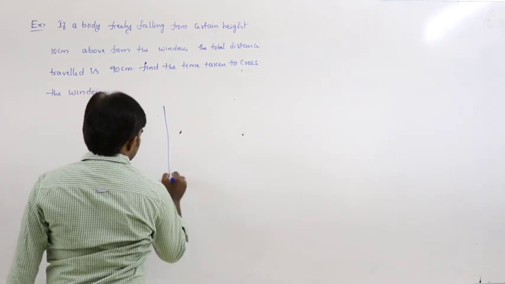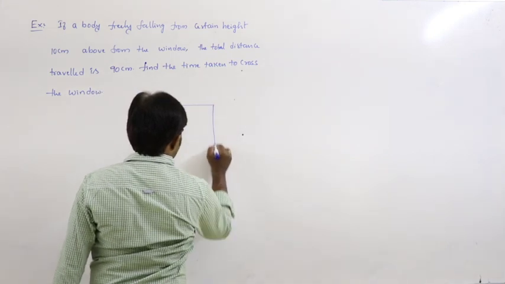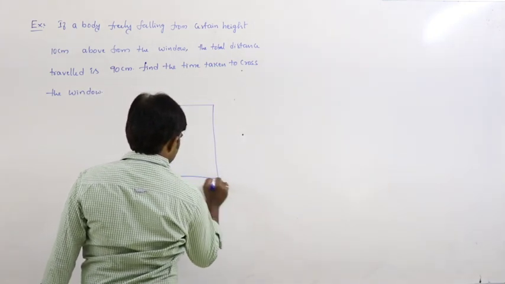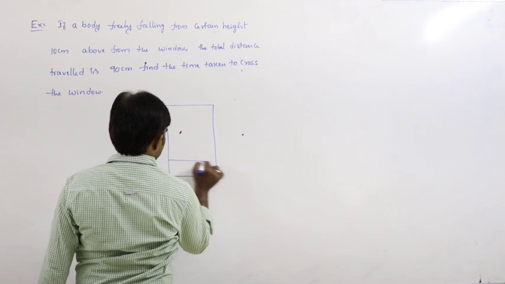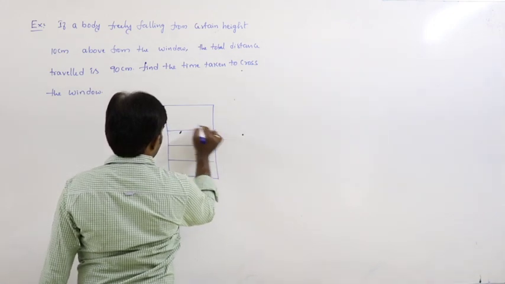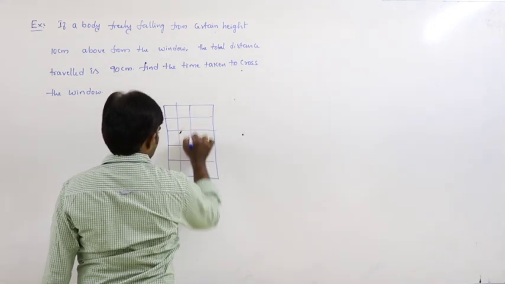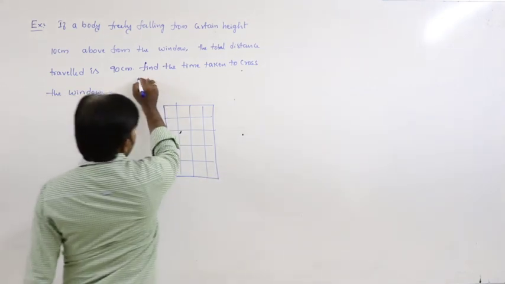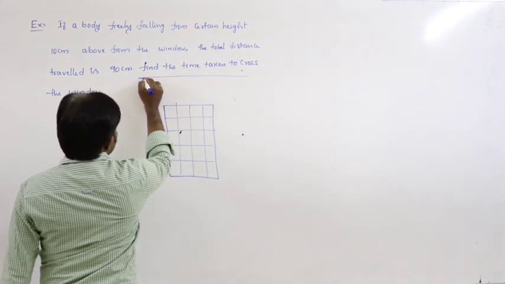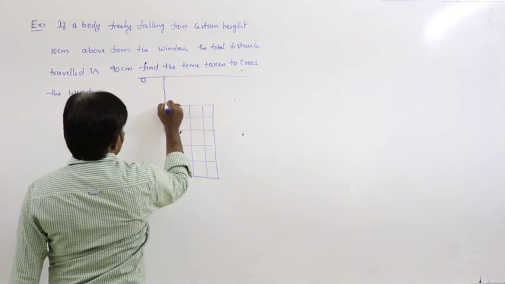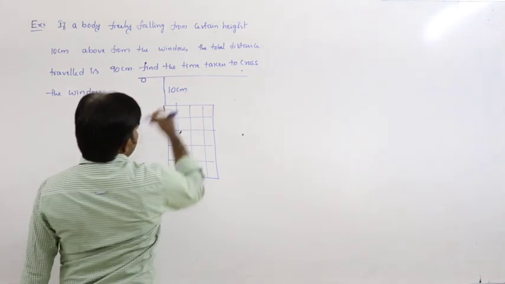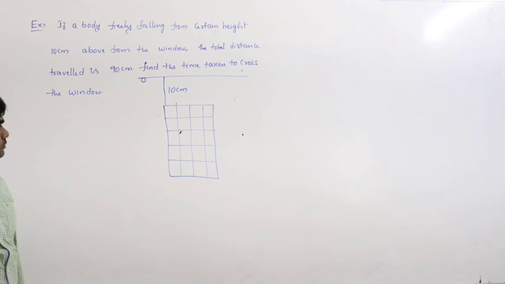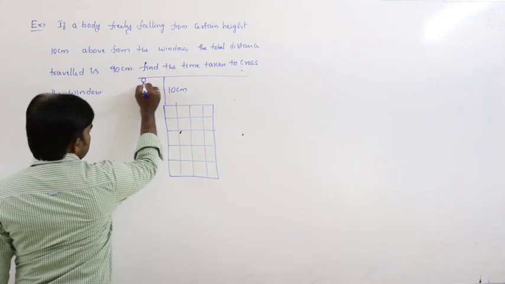So, let us say this is the window. A body is dropped from the roof, 10 centimeters above the window. Here the body is dropped.